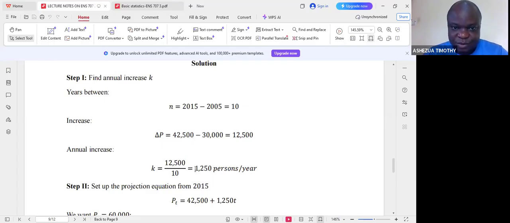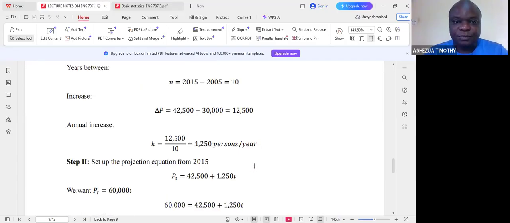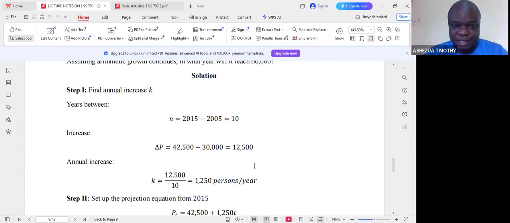And this will give you 1,250 persons per year. Now that we have our value for K, we have our value for the total population.